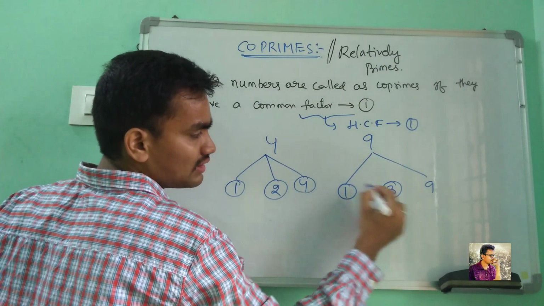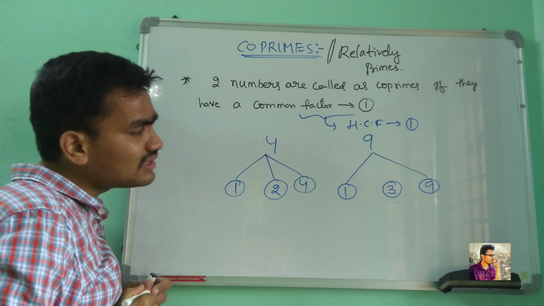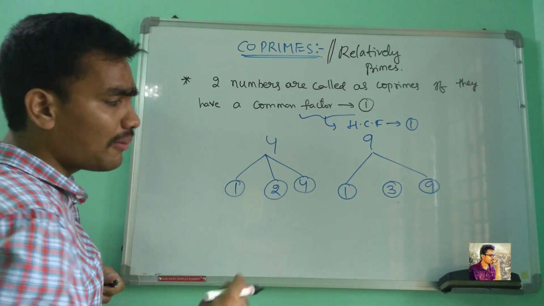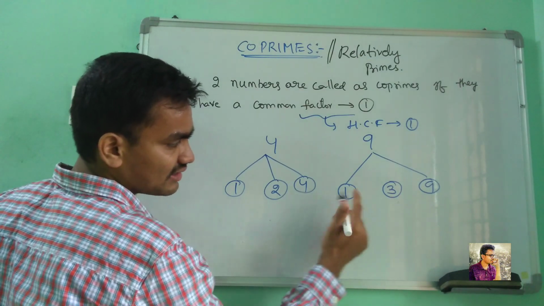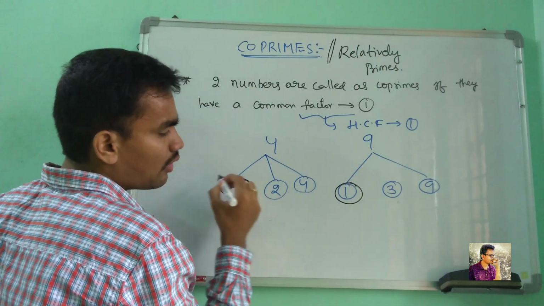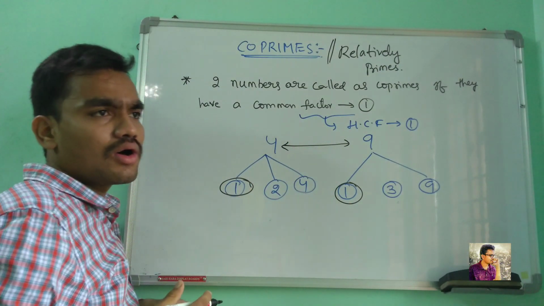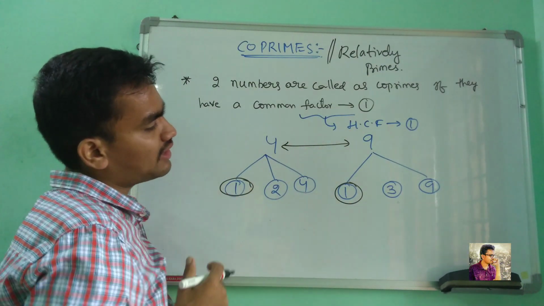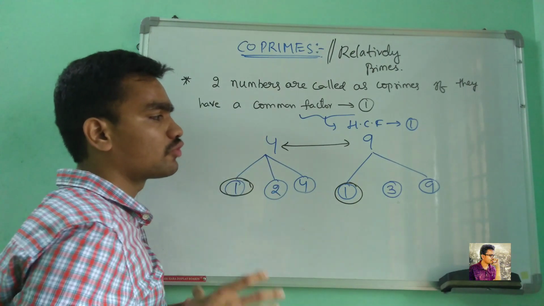So I can write 1, 3, 9 as the factors of 9. If you compare these two numbers, the common factor among these factors is 1. So now I can call 4 and 9 coprime numbers, and there are some conclusions to be drawn from the concept of coprimes.